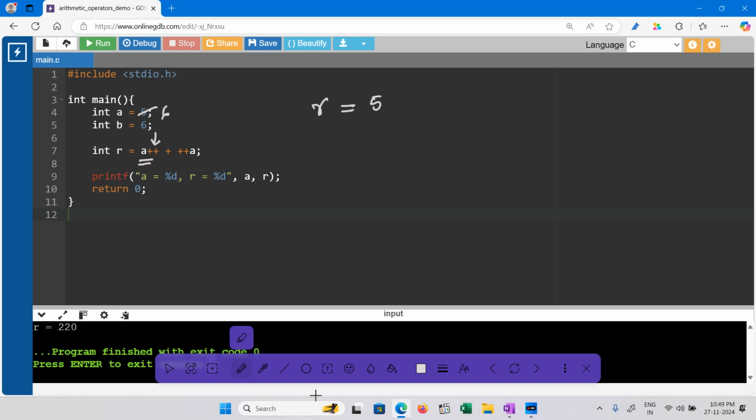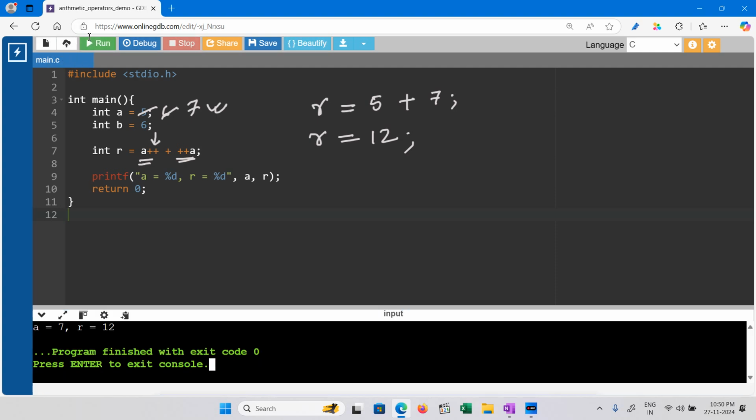It will update the value of the operand. What is the value of the operand? 6. So 6 becomes 7 and it uses the updated value. So here we get r equal to 12 and the value of a is 7. Let's see what the compiler evaluates. See, we get r equal to 12 and a equal to 7. There is no issue, correct?